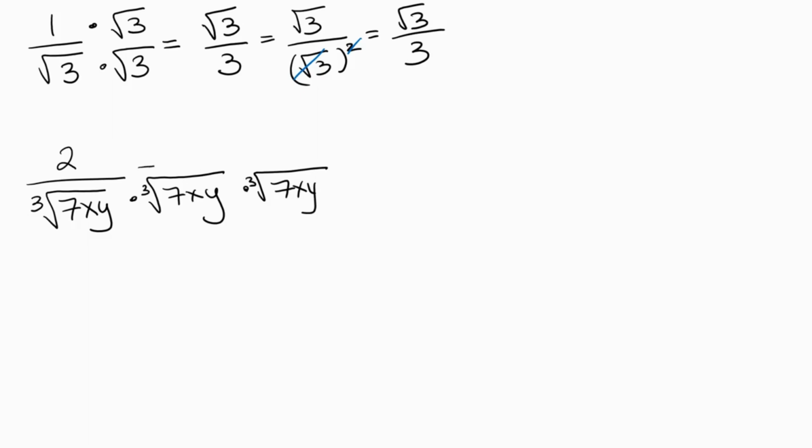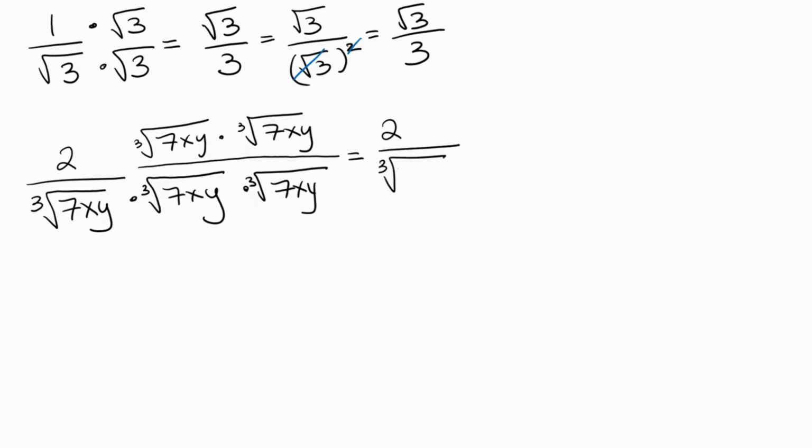So on the top, that means we're going to do the same thing, the cube root of 7xy times the cube root of 7xy. You can also have written this as, I'm going to rewrite the first part, as the cube root of 7xy squared. They're both the same thing. It just kind of depends on what you prefer.